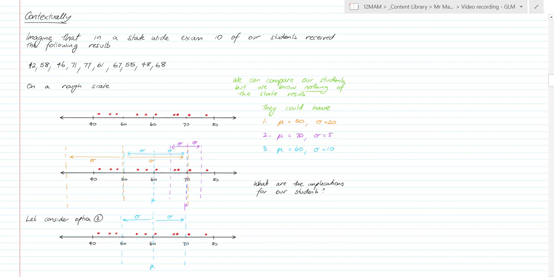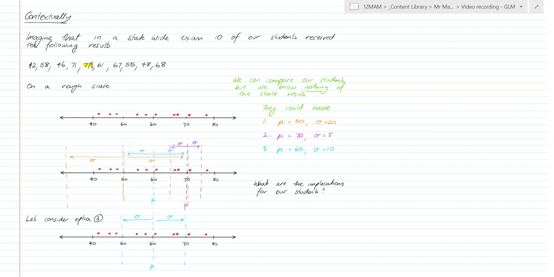We don't know whether these are percentages, or scores out of 80, out of 77, or out of 200, who knows. But 10 students get the following results. We're assuming that because it's a statewide exam, it's a really large data set and therefore can be represented by a normal distribution. Exams are often good examples of things that can be represented by normal distributions.